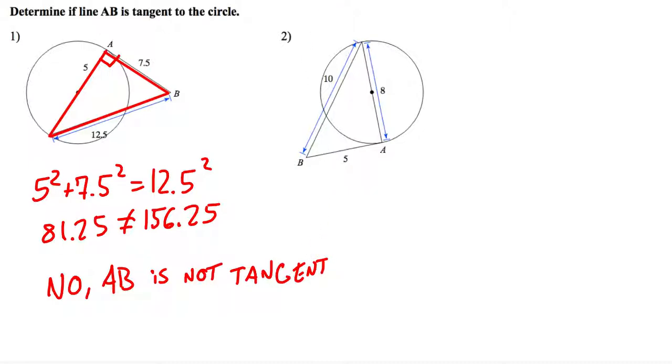Now, if we have this problem here, again, we want to find out the same thing. Here we have this supposed tangent line AB, and it makes this nice triangle, which, if we look at the tangent and the diameter, they should be perpendicular.